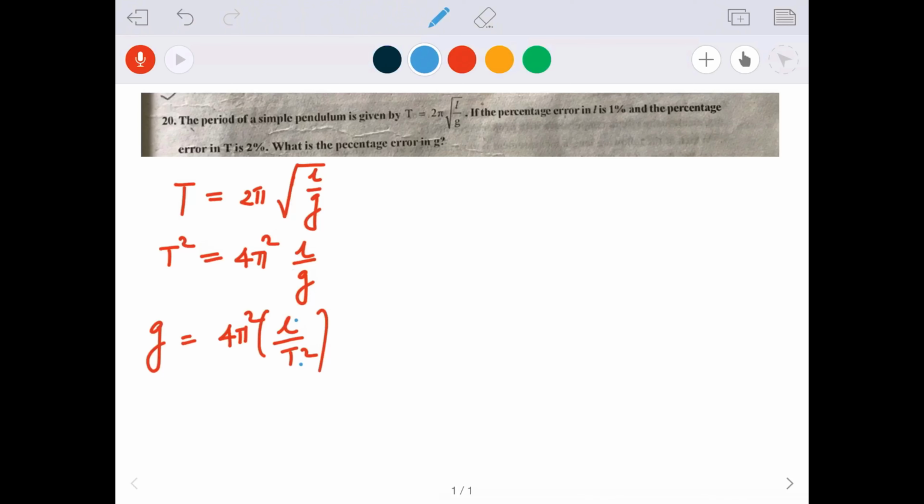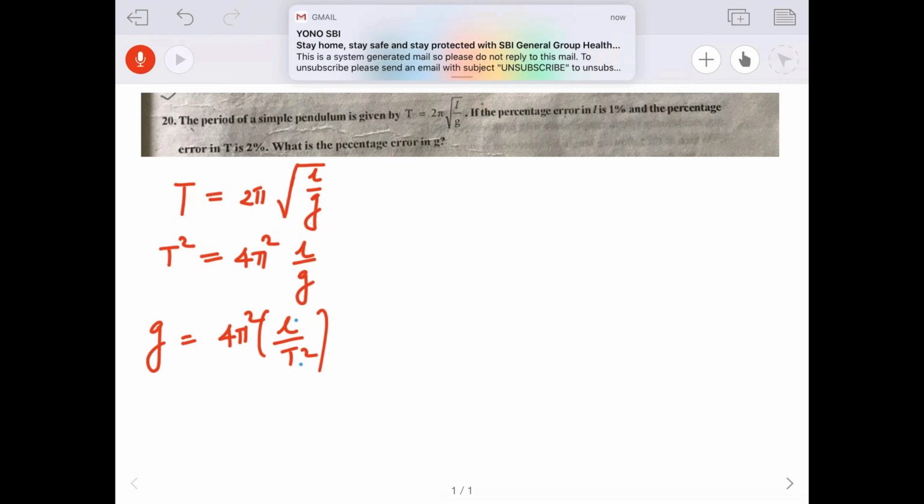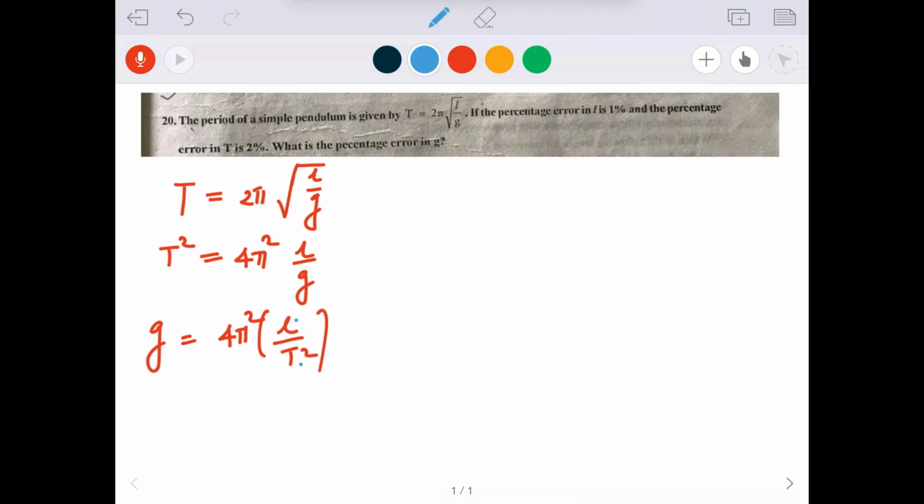One is the ratio, that is we have a ratio of L and T square, and T square is actually in a powered form, that is the second power of T is given. So we have division and power of a variable also. So the combination error has to be used to find the total percentage error in g.